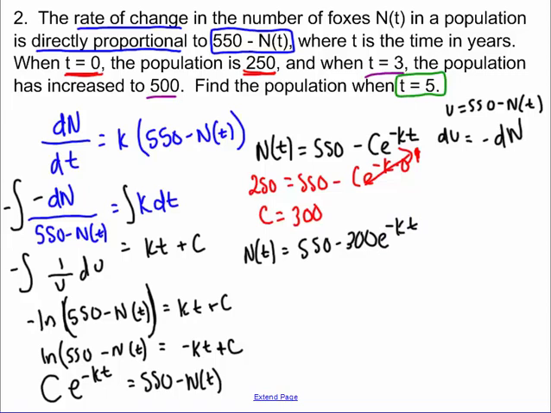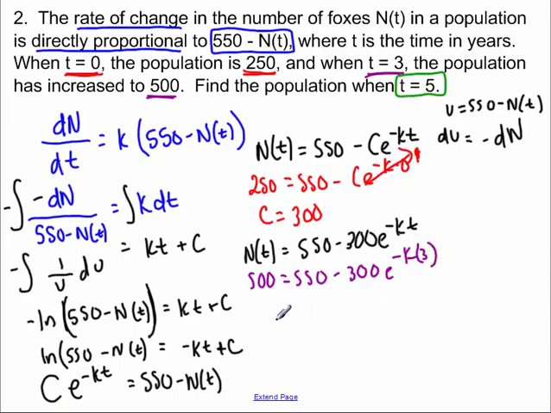Our next job is to solve for k. We're given t equals 3 and 500. So 500 is equal to 550 minus 300 e to the negative k, and that was at 3.